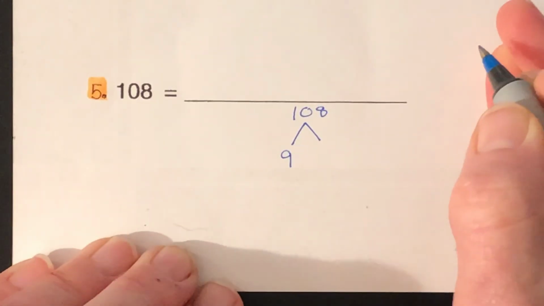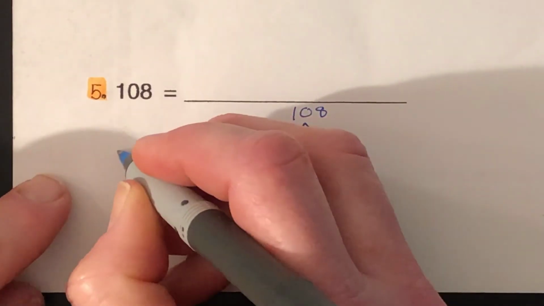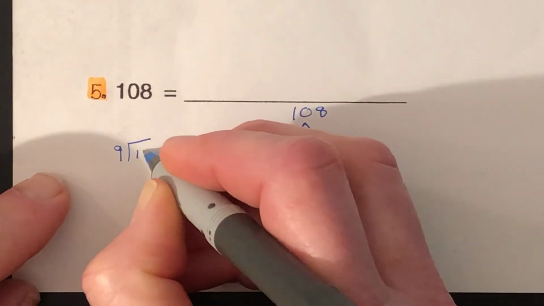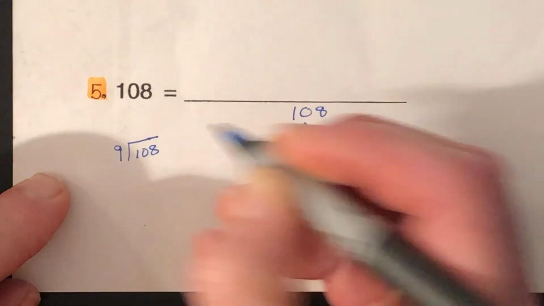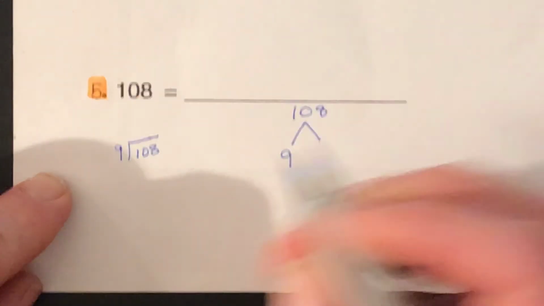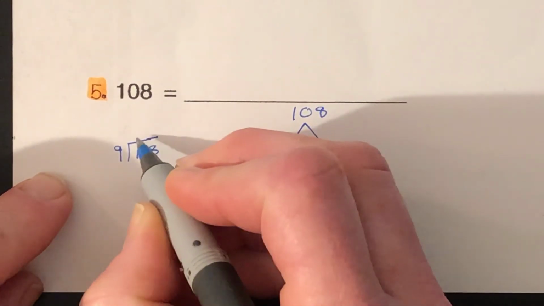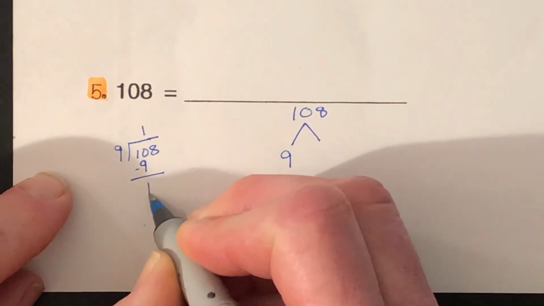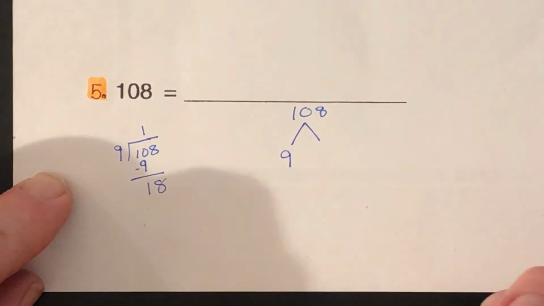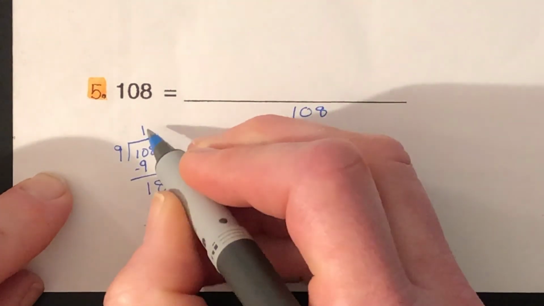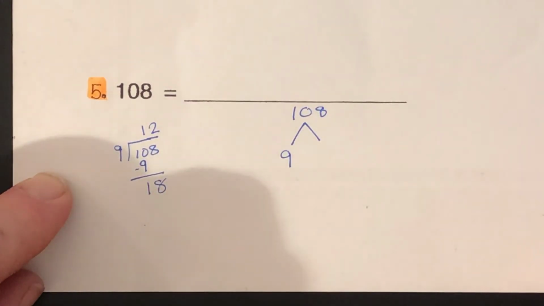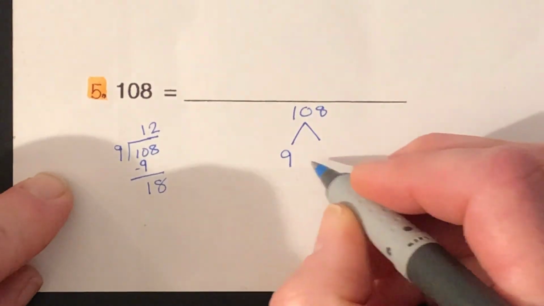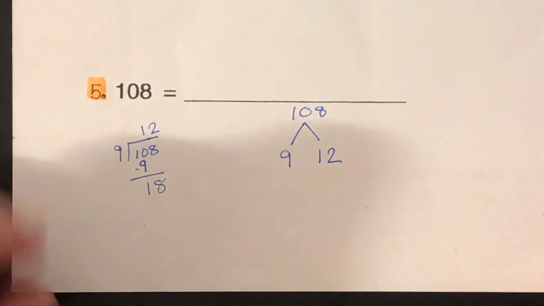I'm going to have to divide again. 9 into 108. 9 goes into 10 one time. Subtract, I have 1, bring down the 8. 9 goes into 18 2 times. All right, 12. 9 times 12 is 108.